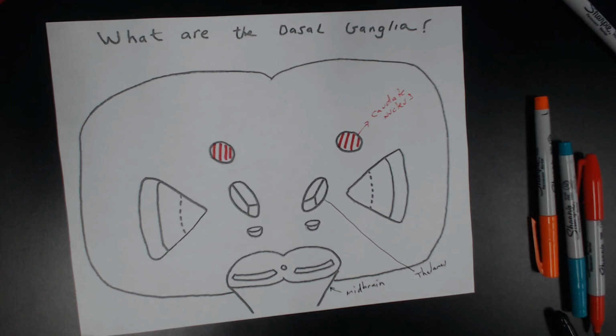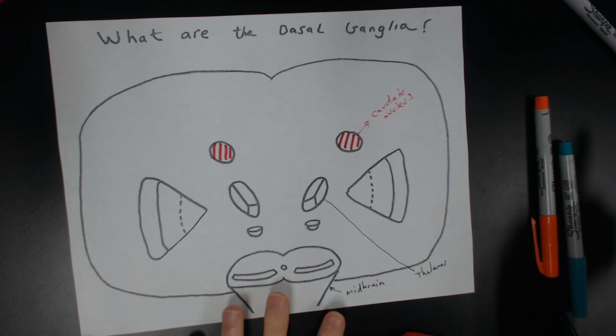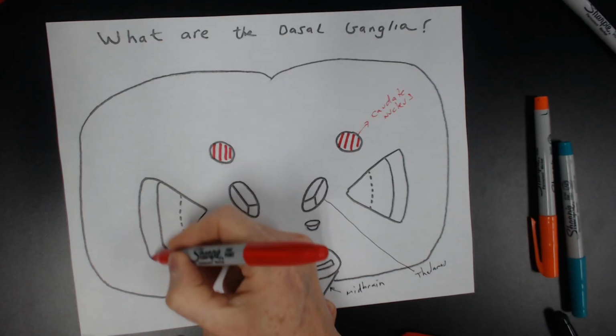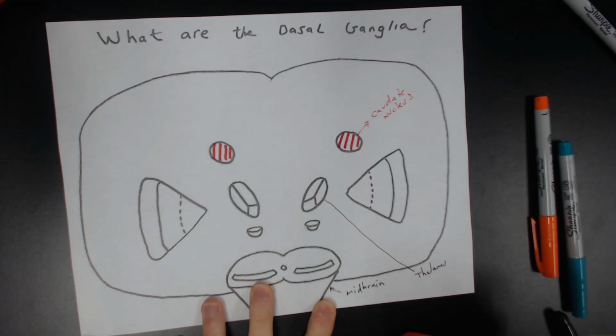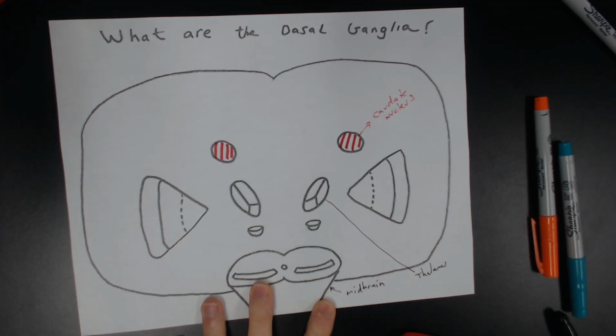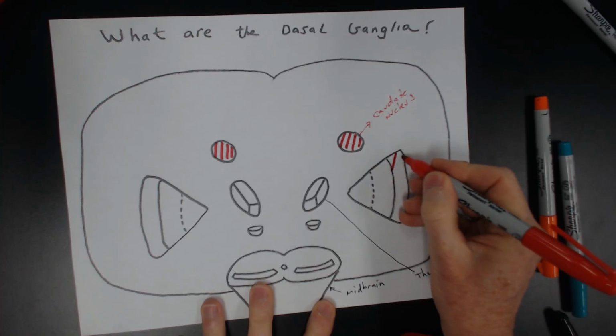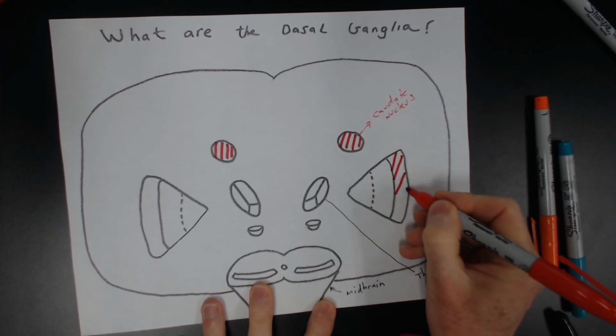Okay. In addition to the caudate, bilaterally, we have these structures here. Kind of looks like a slice of pie, right? The outermost portion of the slice of pie is located here bilaterally.